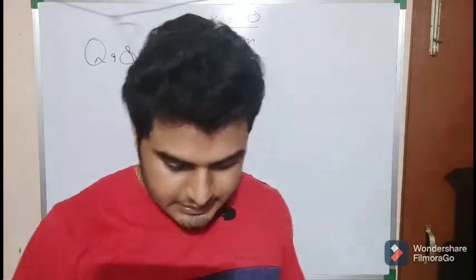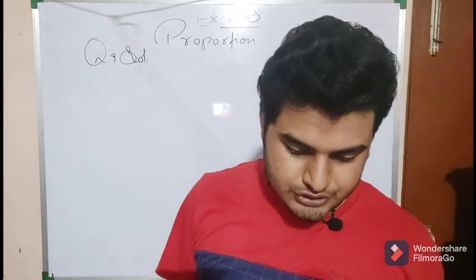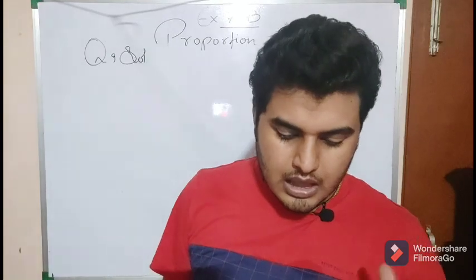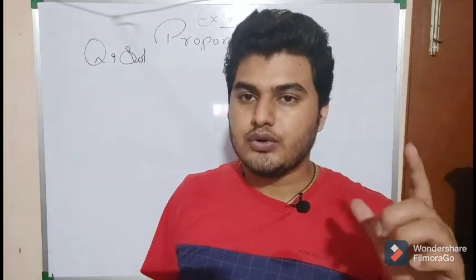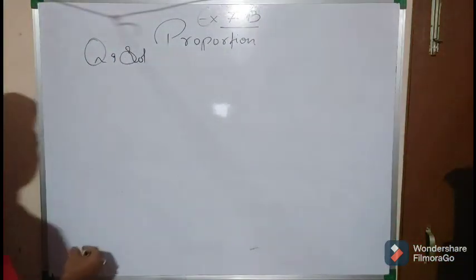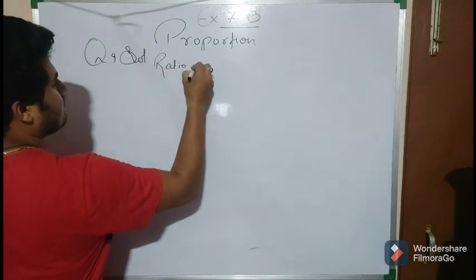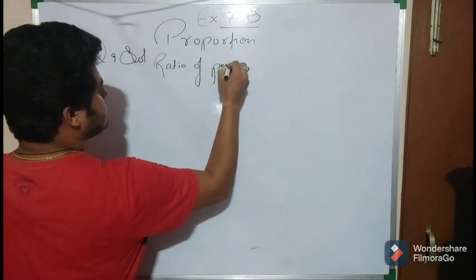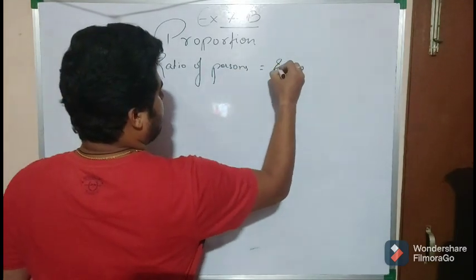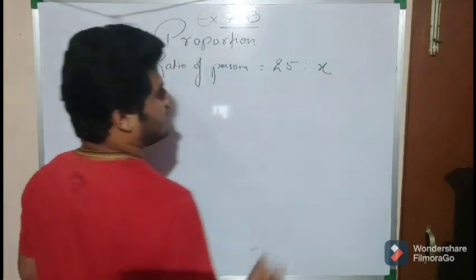Question number 9. It is saying if 25 persons can dig a trench 36 meter long in a day, how many persons will be required to dig a trench of 108 meter length? So the ratio of the number of persons will be 25, and in the second case we do not know how many persons.